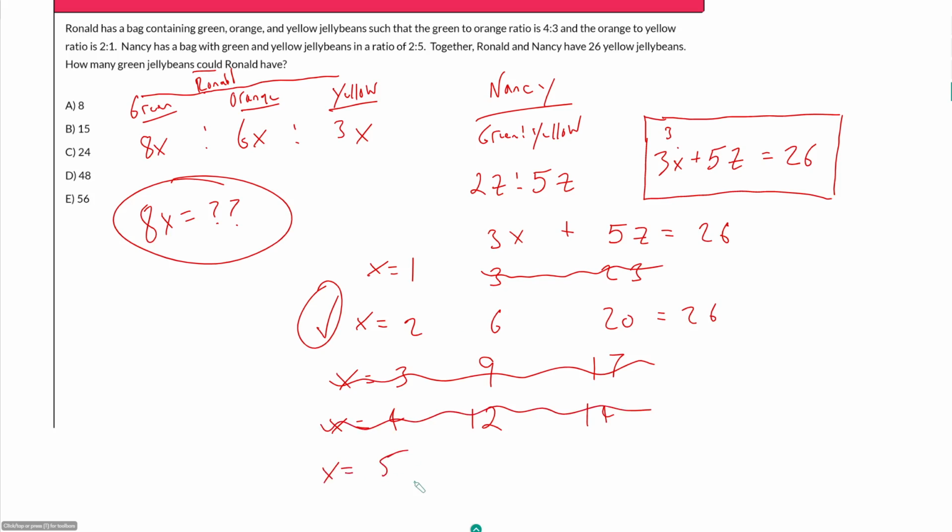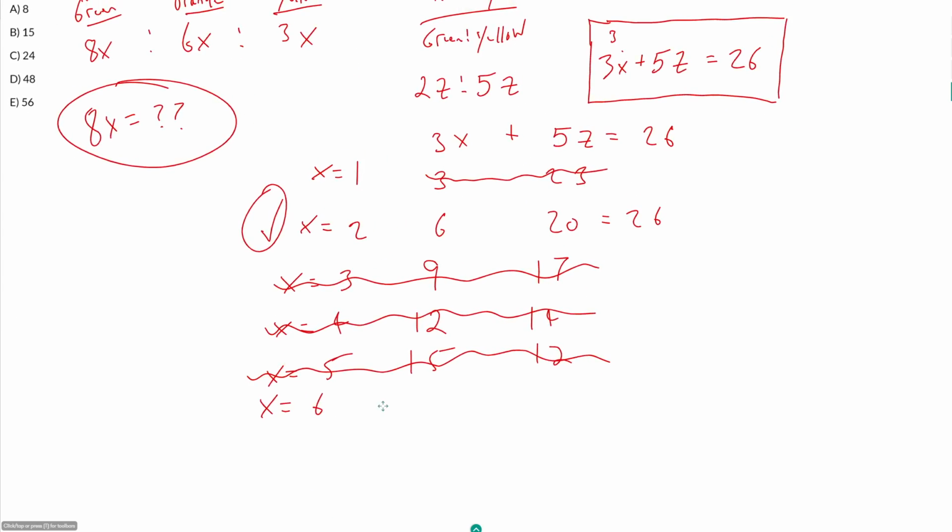x is equal to 5. We got 15 and 11, no, 12. That's not possible. 12 is not a multiple of 5. x is equal to 6. You see, we only have a finite number of options because once this is over 26, we can stop. So right now we're at 3x is 18.